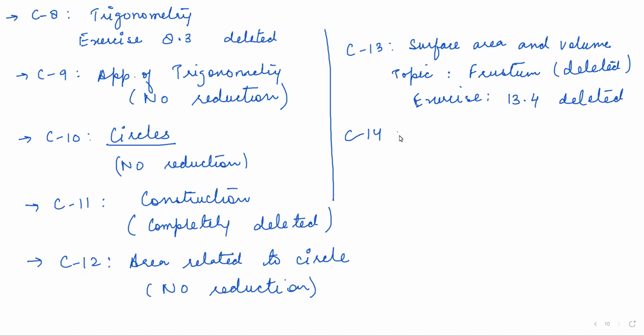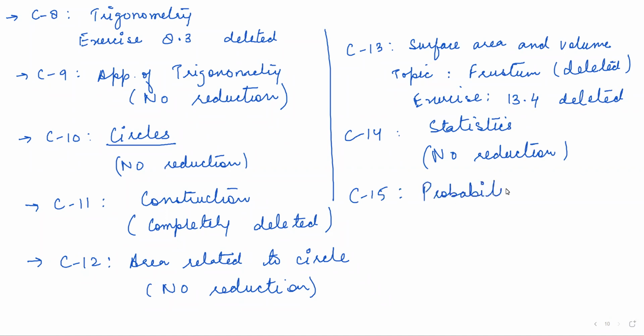Chapter 14, statistics, no reduction. Then chapter 15, probability. Again, there is no reduction. That's all.